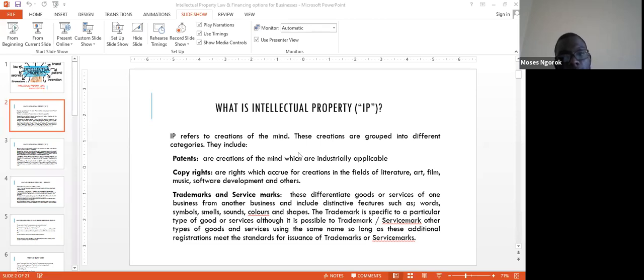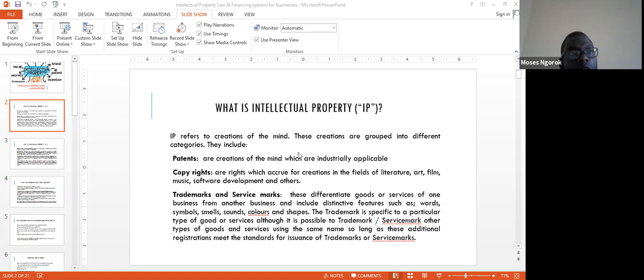These are words, signs, smells, colors, and shapes that are used to distinguish goods of one business from the goods of another. But service marks refer to words, symbols, smells, sounds, colors, and shapes that are used to distinguish one service from another.